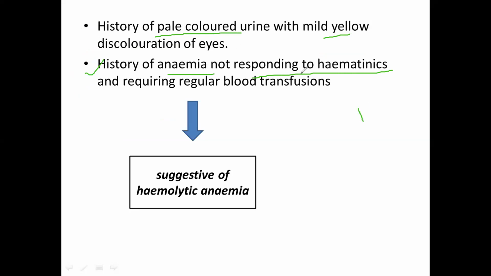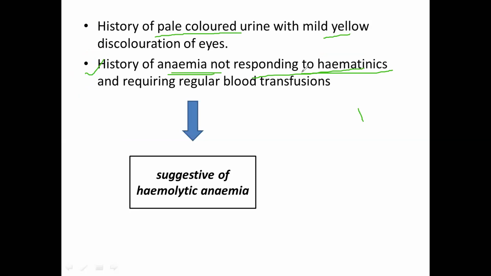So that is hematinics. So if the patient has a history of anemia which was not responding to hematinics and required regular blood transfusion, means the patient has taken some blood transfusion for that anemia, such a history usually indicates hemolytic anemia.